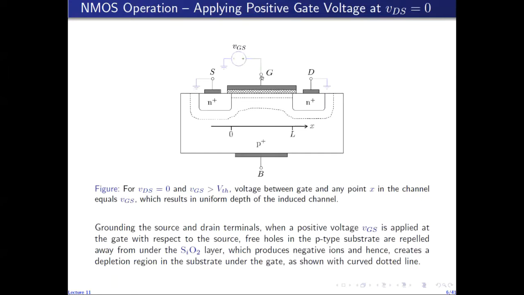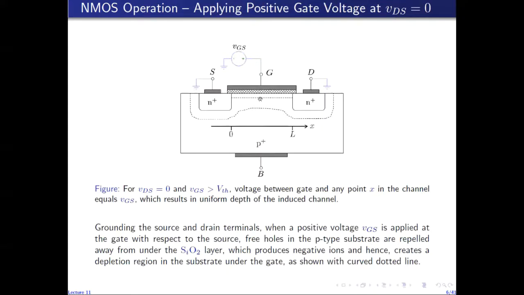However, when we apply a small gate voltage with respect to the source, as shown in this diagram, denoted by VGS, the voltage between gate and source, then for small VGS, the positive gate voltage will, because the substrate is abundant in free holes, repel those free holes from the region under the oxide.